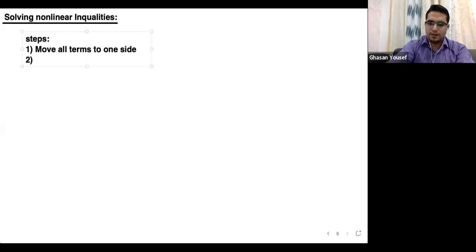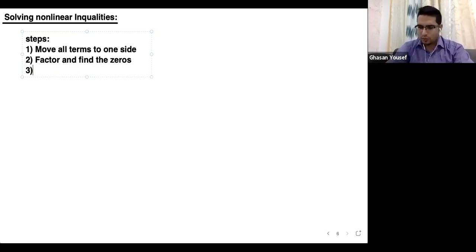Second step, we have to factor the non-linear inequality and find the zeros. Step number 3, we should find the sign, like whether it is positive or negative, positive, negative, like this.